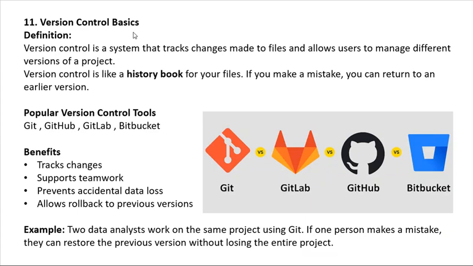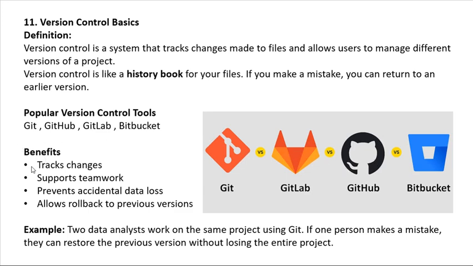Eleventh is version control basics. Version control is a system that tracks changes made to files and allows users to manage different versions of a project. Version control is like a history book for your files, and if you make a mistake you can return to a previous version. Popular version control tools are GitHub, GitLab, and Bitbucket.